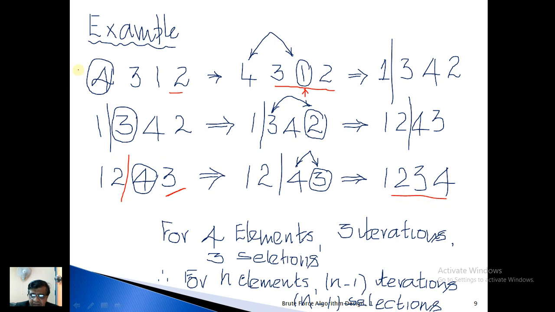Therefore, if there are 4 elements, 3 iterations are a must. In the first iteration we will have 3 comparisons, in the second iteration we will have 2 comparisons, to find the smallest among the remaining.